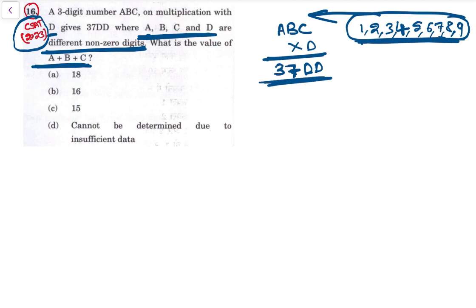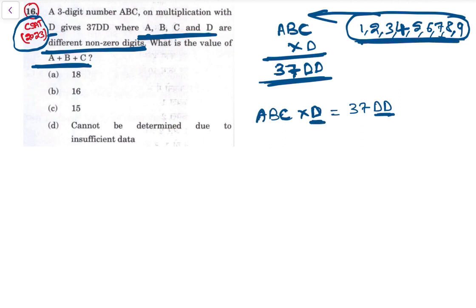So now let's check. When the number ABC is multiplied by D, it has to give 37DD. So D has to appear twice.